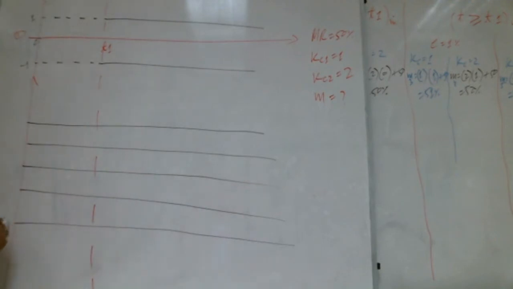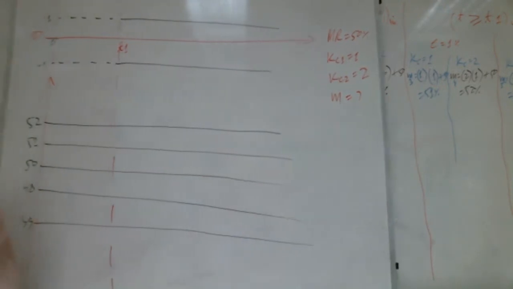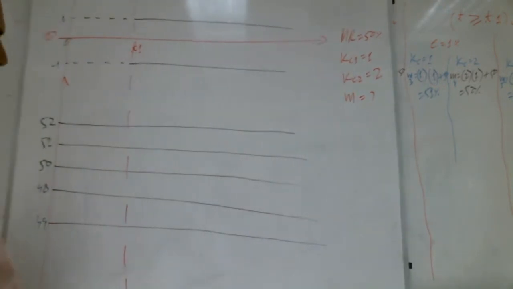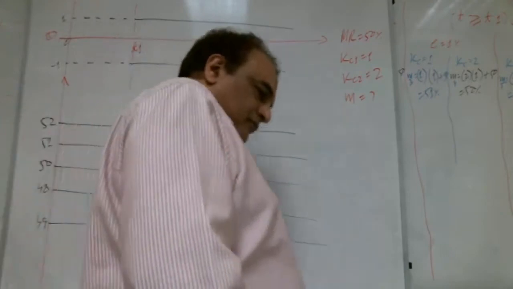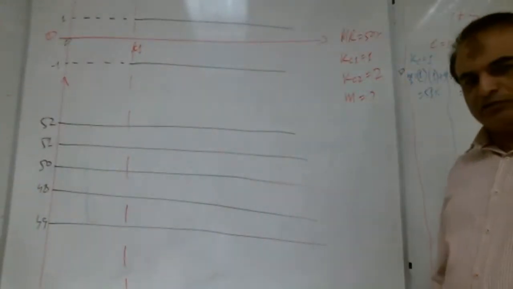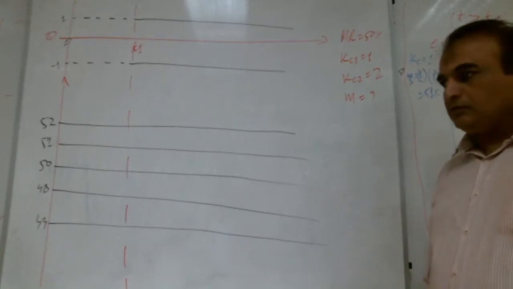We say this is 49, 48, 50, 51, 52. Is it correct like this? No, teacher. Why? 49 is not in order; 49 comes before.